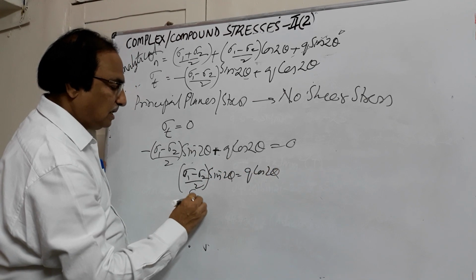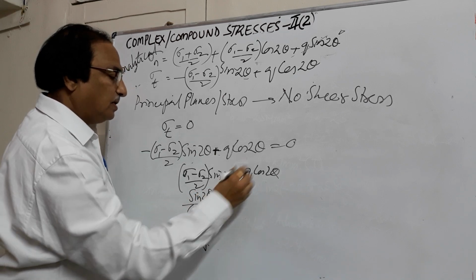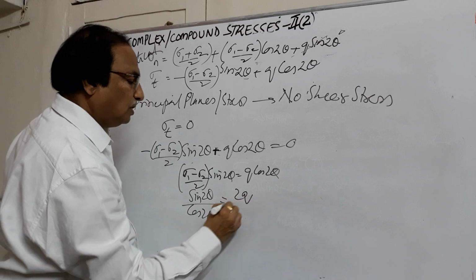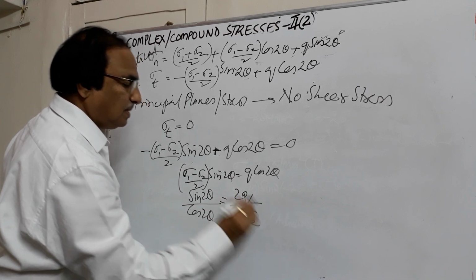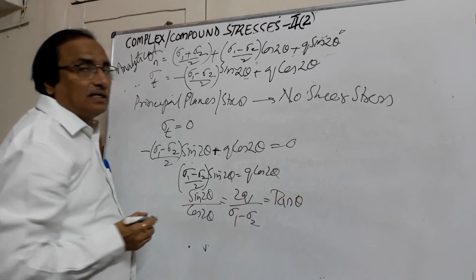So sine 2 theta by cos 2 theta will be equal to 2q divided by sigma 1 minus sigma 2, and this value is nothing but tan 2 theta.